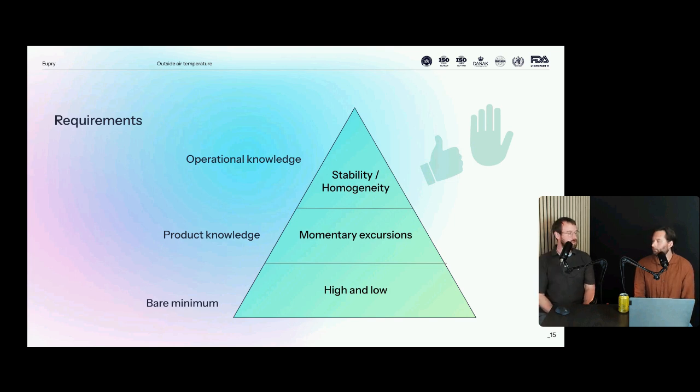And there's another question here from Mohammed. He says, how does operational knowledge help to conduct a successful mapping study? Well, exactly as you say, it includes the historical data, the number of deviations, alarms, all of that. So there are a lot of different things that can be included in understanding the operation. Another thing is understanding whether we have increased our activities in a warehouse, as an example.